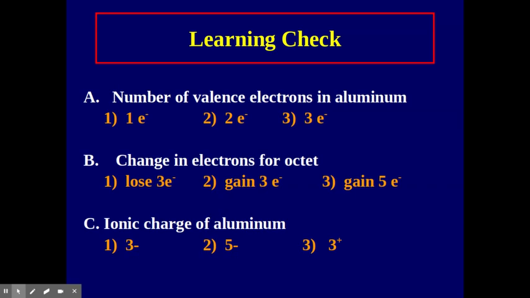It's going to want to lose those 3. And then the ionic charge, if you're losing electrons, you're positive. So if you remember the cation walks into a bar joke: lost your electrons. Are you sure? Yeah, I'm positive. So lose your electrons, you're positive.